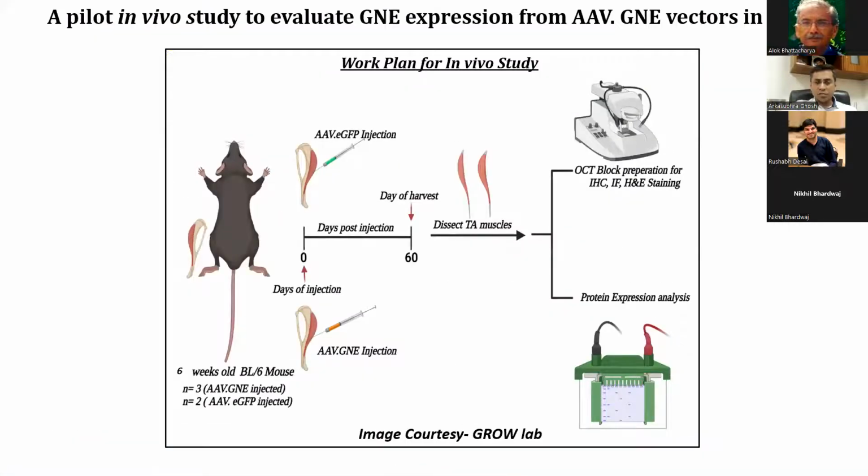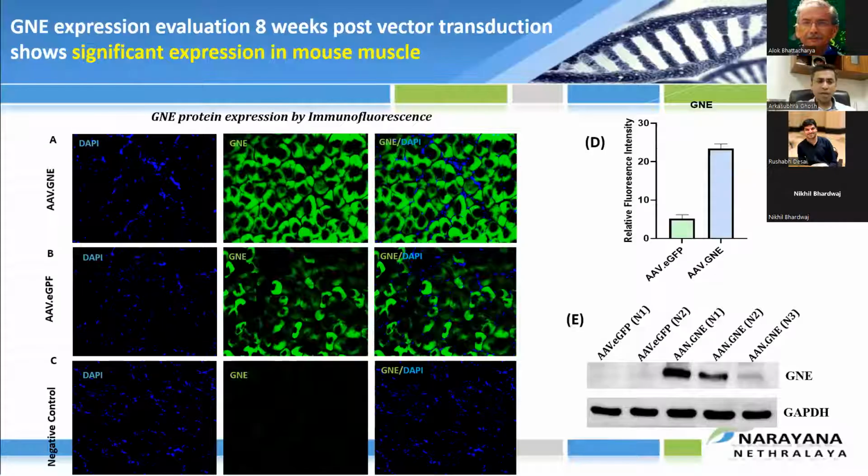We went on to do a preliminary study just in wild type animals. We do not have access to GNE knockout animals, so just to test expression and safety, we injected wild type animals with our vectors. And we see robust expression of the GNE. The top panel shows GNE expression in mouse muscle, and the bottom panel is still GNE staining.